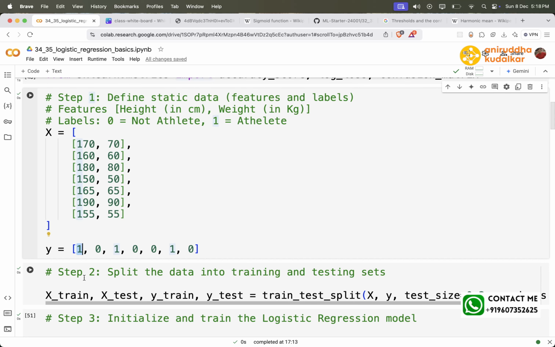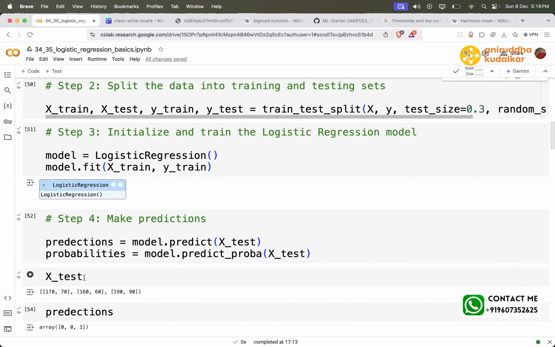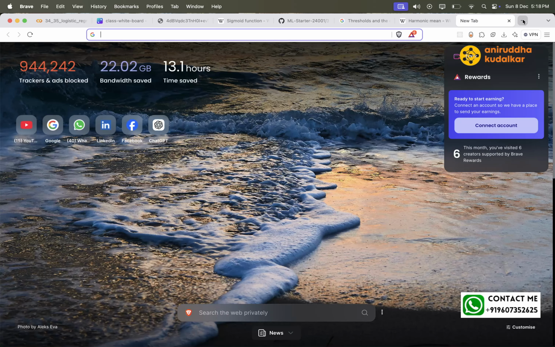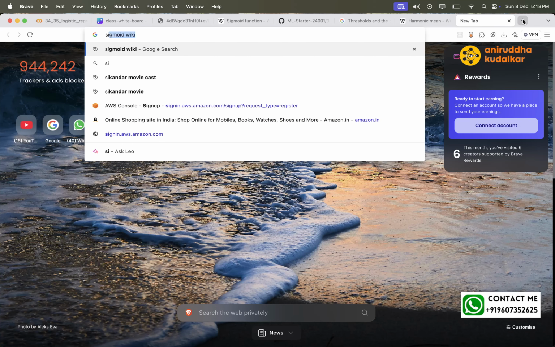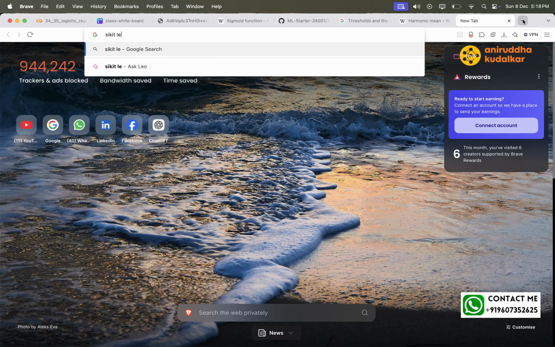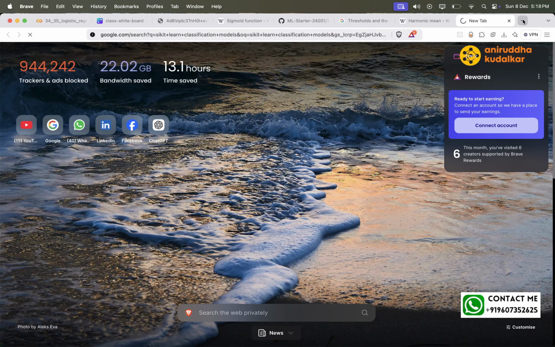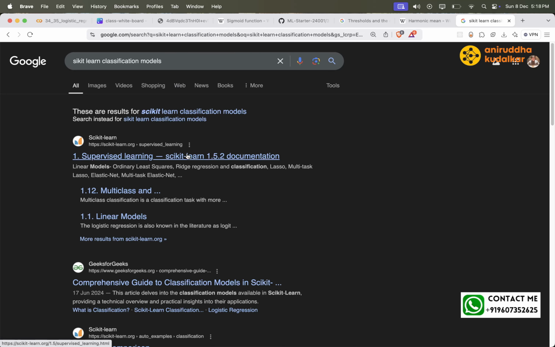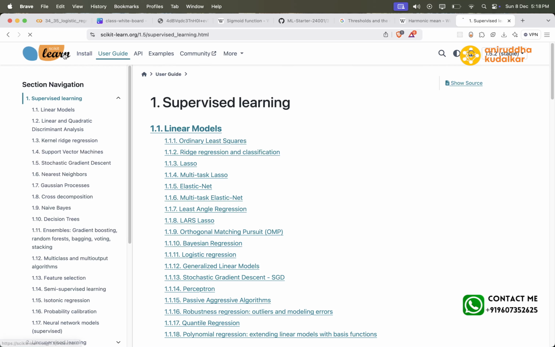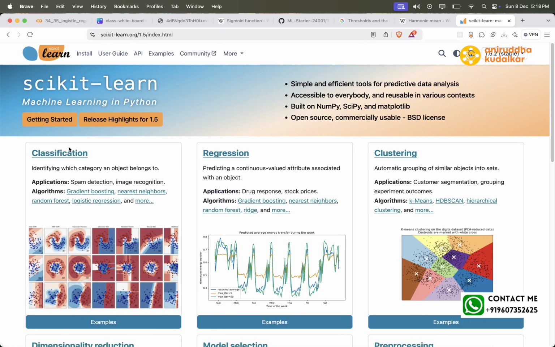What is this? A classification, right? The minute you say it is a classification, all the aspects of a classification model apply. So what algorithms are there in classification? Scikit-learn classification models. If you go to the supervised learning section on the official website, can you see the classification?